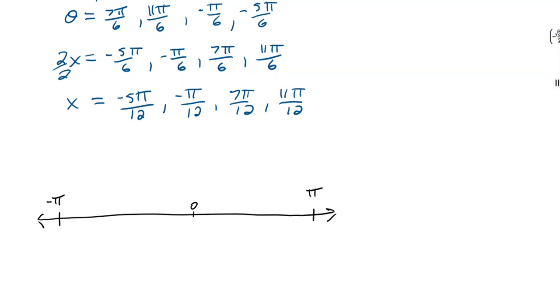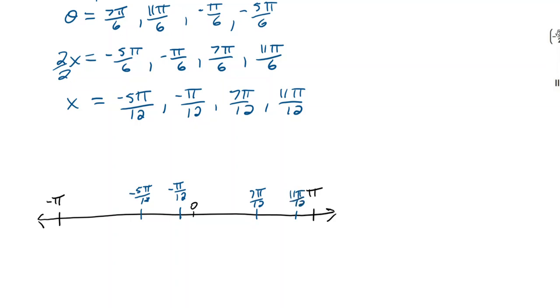So maybe somewhere in here, negative pi over 12. This isn't to scale. Okay, so negative 5 pi over 12, something like that. And then on the other side we're actually closer to pi going around. So over here maybe 7 pi over 12, and then close to the end here we're at 11 pi over 12.